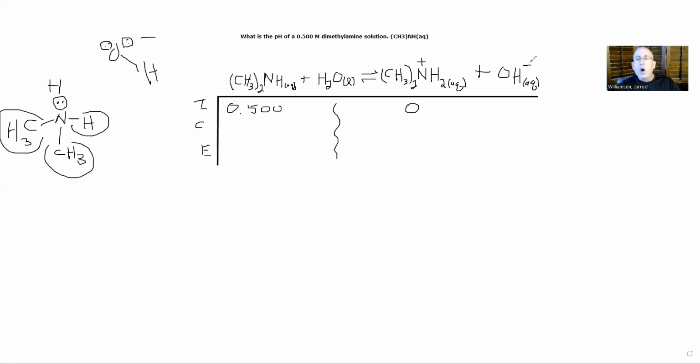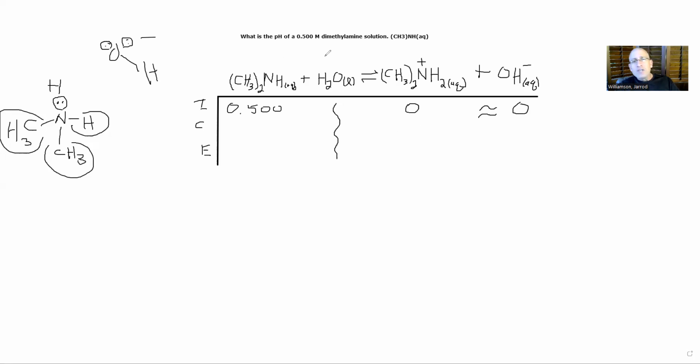Initially, from pure water, this concentration is 1.0 times 10 to the minus 7 molar, assuming this reaction happens at 25 degrees Celsius. For our purposes, that is so close to 0 that we're going to treat it like it is 0.